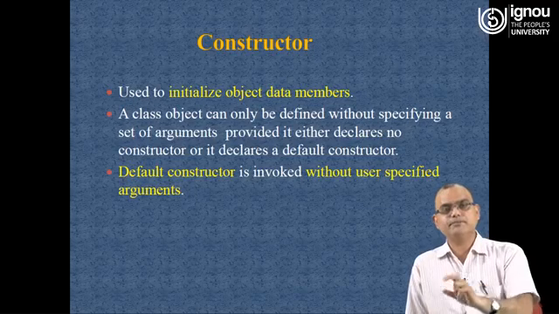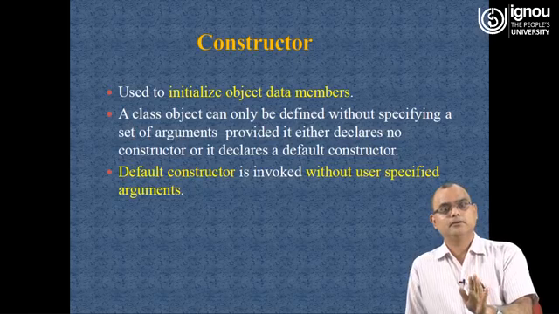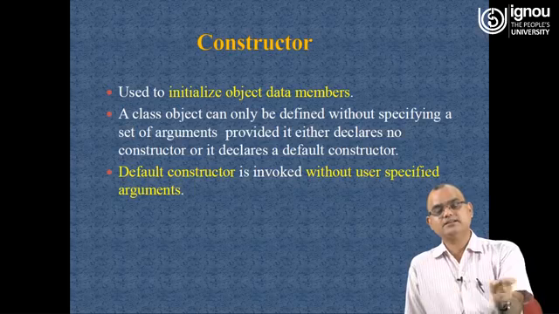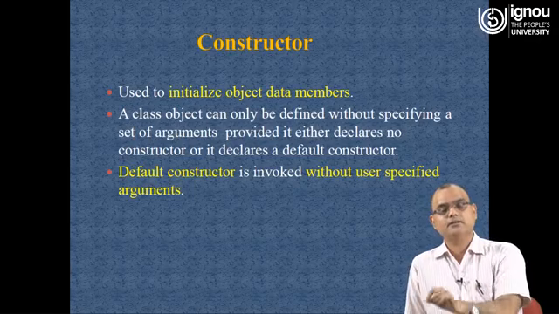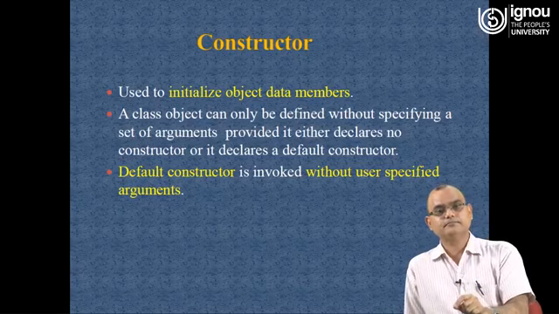So this is the concept of method overloading: the same method name but a different prototype. And once we say different prototype, it means that the signature of that method is different from the signature of another method. The only thing common in those methods is that they have the same name.